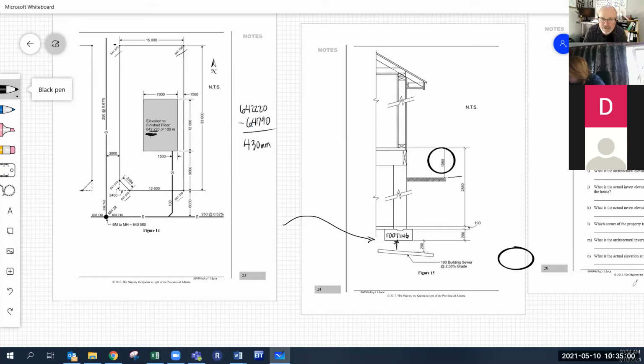So again, it's this distance in here. We take 2850 and I'm going to minus off the 1050 from it so I can get the elevation.